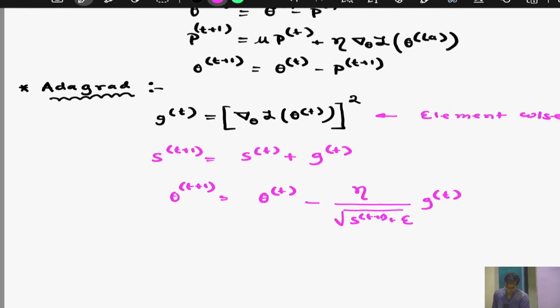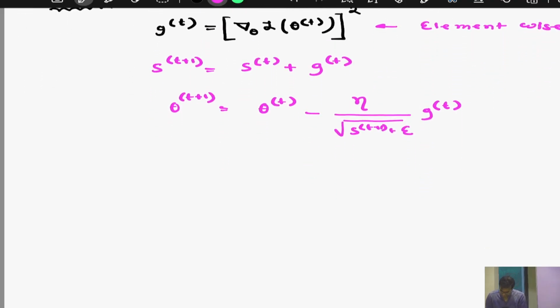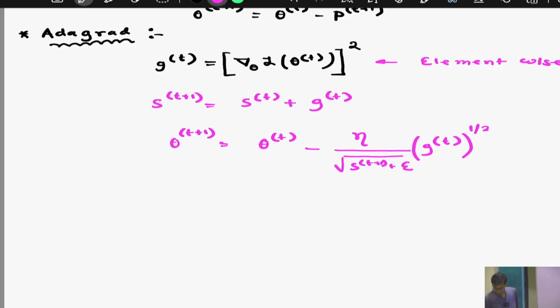Square root, I think. See what I have done? If your square root of s_{t+1} plus epsilon turns out to be 1, then you end up getting your usual gradient descent, right?